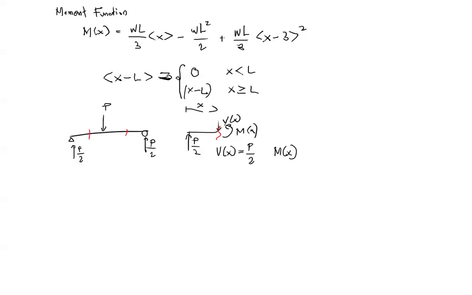So if we were to solve this, halimbawa nag-sum ka ng moment doon sa point kung saan mo kinat, yung P over 2 lang yung magiging concern natin na nagkakos ng clockwise rotation. And meron kang distance X, so meron kang P over 2 times X. So ito yung shear at saka bending moment functions before yung concentrated load.